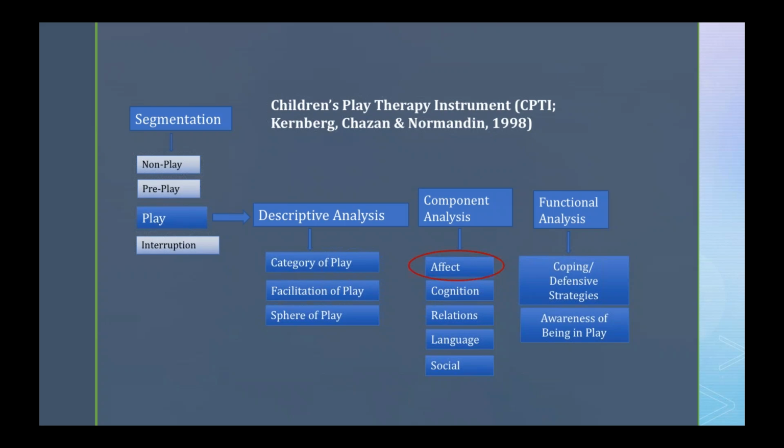Actually, I just showed you the affect items of the instrument just for the purposes of this webinar. In my study, we actually code the whole play segment using all the scales, so we code for the category of play, meaning, is it art? Is it symbolic play? Is it more tactile? How much the child is able to sustain play, facilitate play, where the child plays?